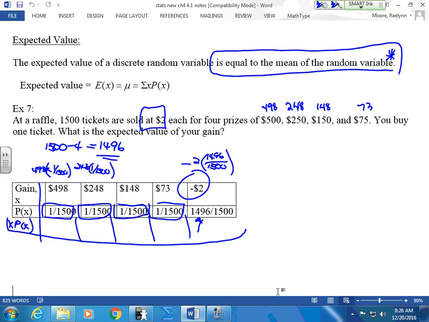So if you put this whole thing in your calculator, because you're going to add these all up, and you add these guys, and you add this one, and you subtract that, this comes out to be an average net loss of $1.35 per ticket. That means you can expect to lose an average of $1.35 for every ticket that you buy. If you bought all the tickets, what do these guys add up to? Add these in your calculator.